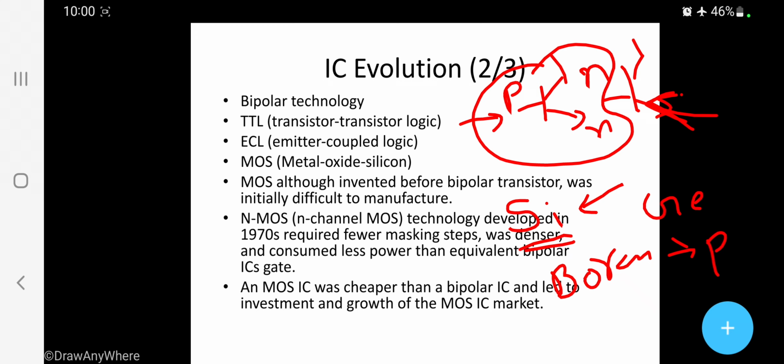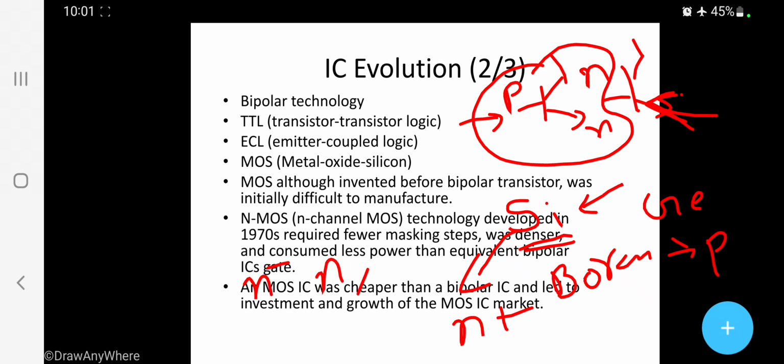If you dope the pure semiconductor with phosphorus, which is pentavalent, with 5 valence electrons, then from pure silicon we get n type. The more impurity atoms you add, from n we get n plus. If you increase the time of doping, initially it is n minus, then n.